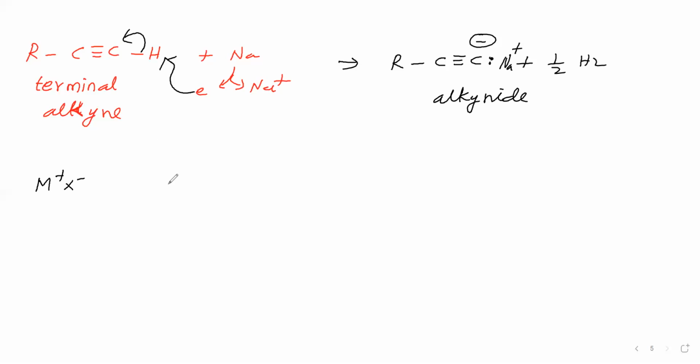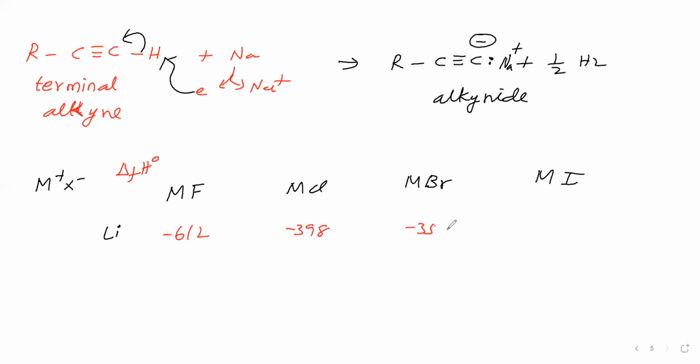Now we will take metal fluorides, then chlorides, bromides, iodides. First lithium: lithium fluoride, delta H naught f is minus 612 kilojoule per mole. Lithium chloride minus 398, lithium bromide minus 350, lithium iodide minus 271.